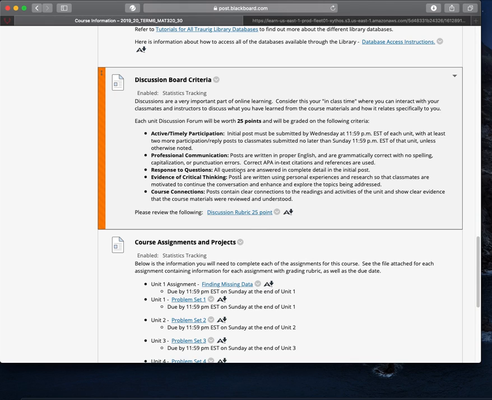The idea of the active and timely participation is your initial post is posted by the Wednesday of the week, and your peer responses and responses to any questions posed, such as by me, are answered, and those are due by the Sunday of the week.